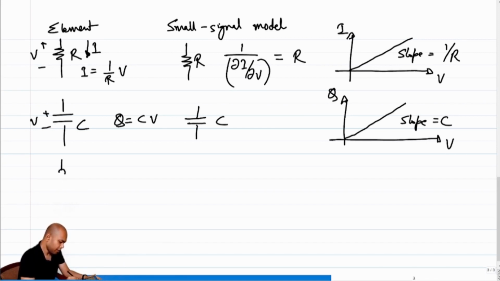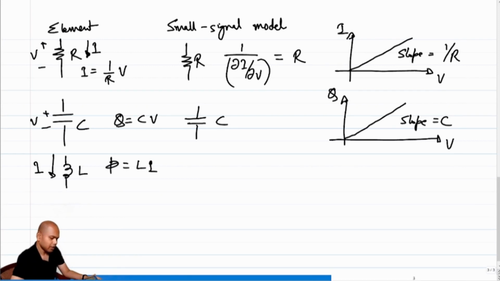Similarly, if you have an inductor which has a current I going through it, what is the governing relationship? The governing relationship is phi equals L times I, where phi is the flux and I is the current going through it.